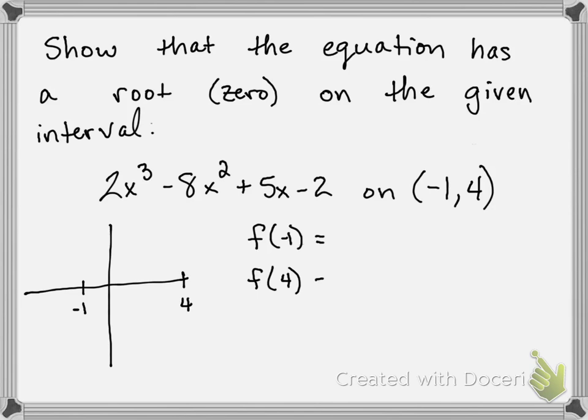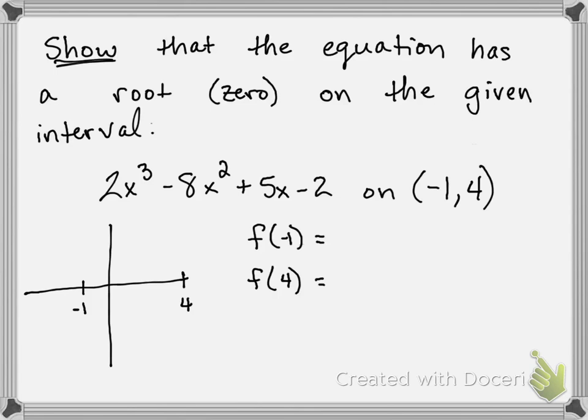So we need to plug in those values on the interval to see whether they're on the positive side or the negative side. If one's negative and one's positive, doesn't that mean that 0 has to be in between them? It does. So we are showing that the equation has a root, which also means a 0 on the given interval.